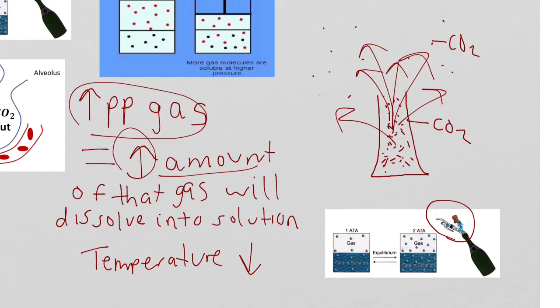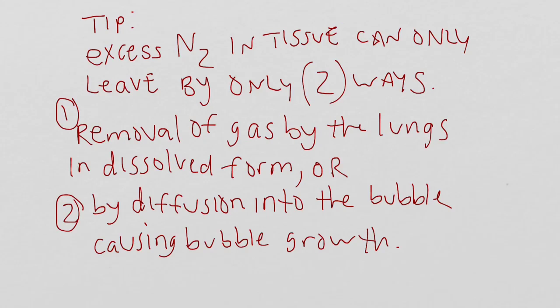It's a disease that occurs when the body is exposed to a rapid decrease in ambient pressure, sufficient to cause dissolved gases to leave the solution, to leave the blood, and form bubbles. Think about this. Excess nitrogen in your tissue can leave in only two ways.